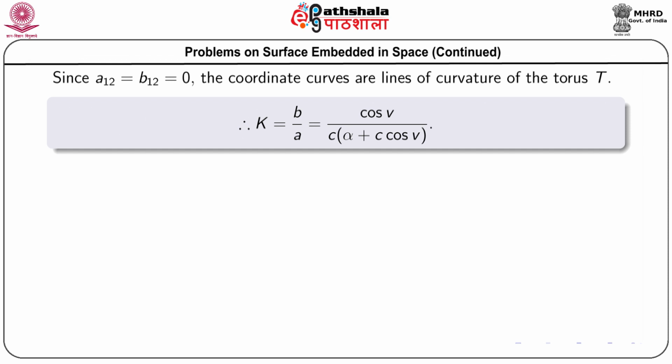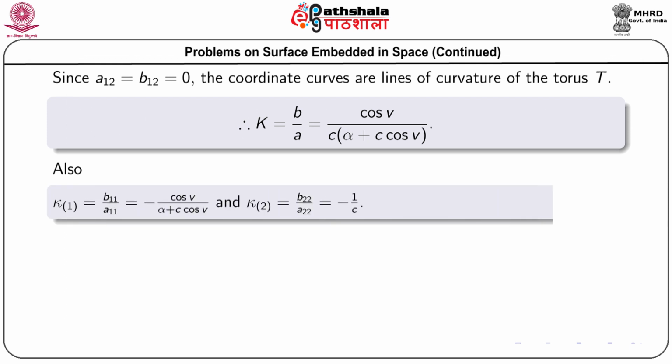And the Gaussian curvature, that is B by A, is coming to cos v by c times alpha plus c cos v, and also the principal curvatures kappa 1 and kappa 2 have these values: B11 by A11, that is equal to minus cos v by alpha plus c cos v, and kappa 2, that is the principal curvature, equals B22 by A22 equals minus 1 by c.